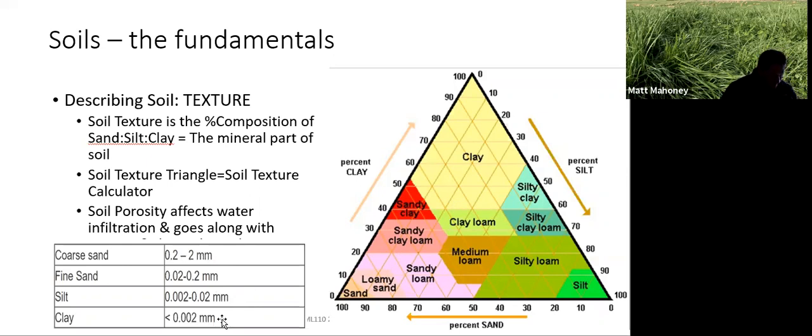So to put those into perspective for you, if you, for example, get a particle of sand and drop that into some water, a sand particle will drop through 100 mil depth of water in a second, whereas a silt particle will take 5 minutes to drop that same distance.